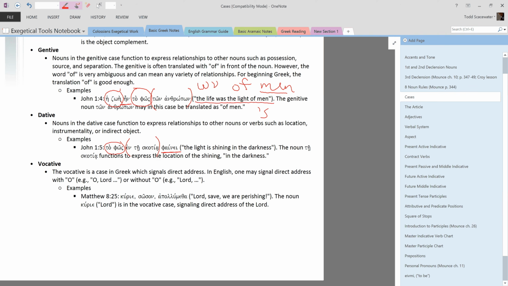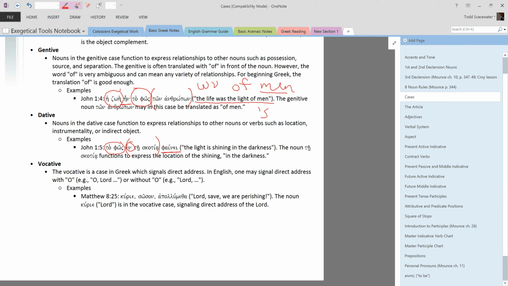And in this case, the preposition en right here is functioning to state more clearly what that dative case is trying to tell us. So when en shows up in front of the dative case, it usually means something like in or into. And so we have the light is shining in the darkness. So in this case, the dative case is telling us the location of the shining. The shining is occurring in the darkness. It can also function as the indirect object of a verb.